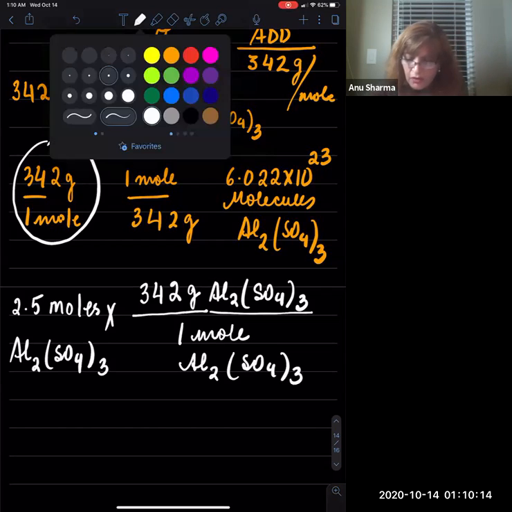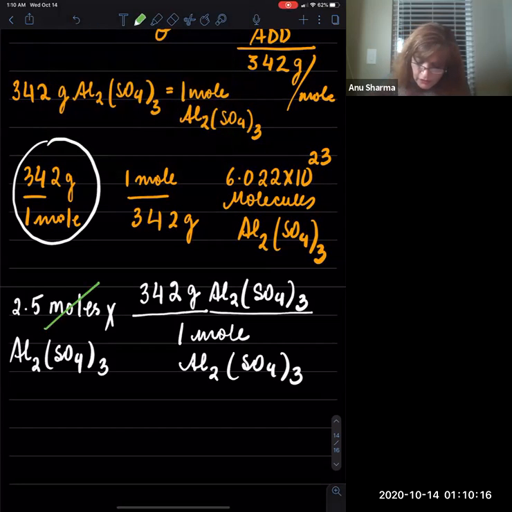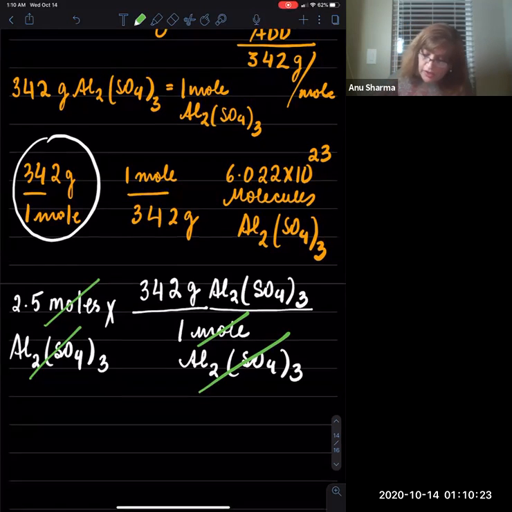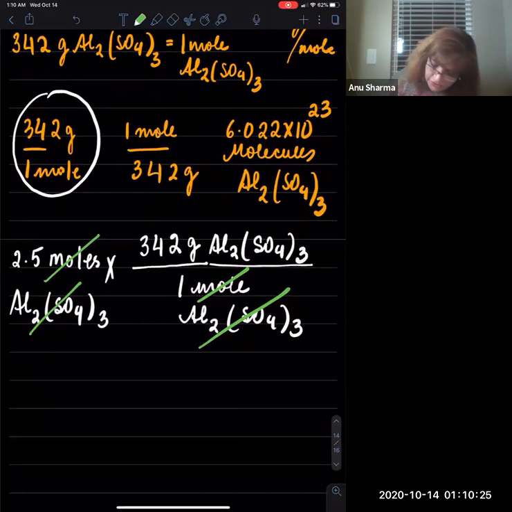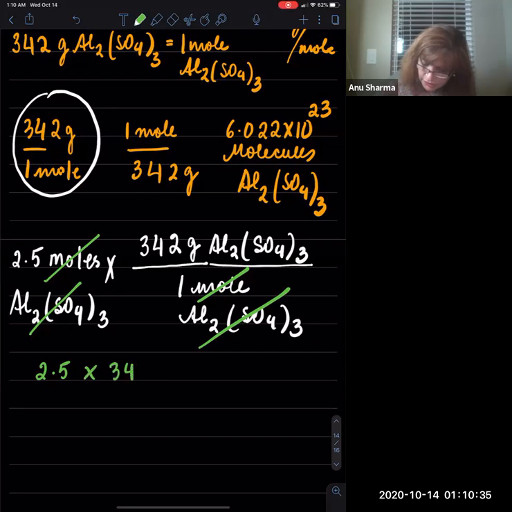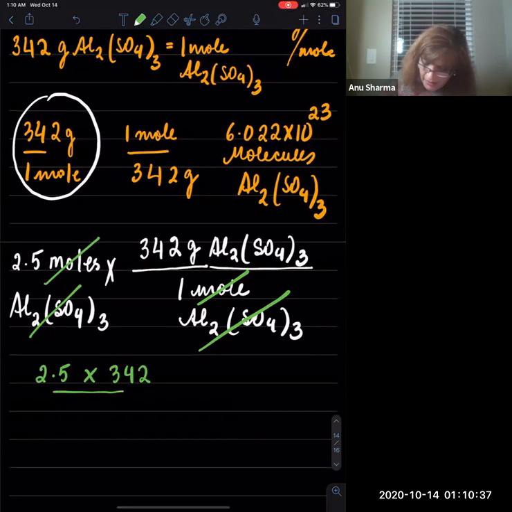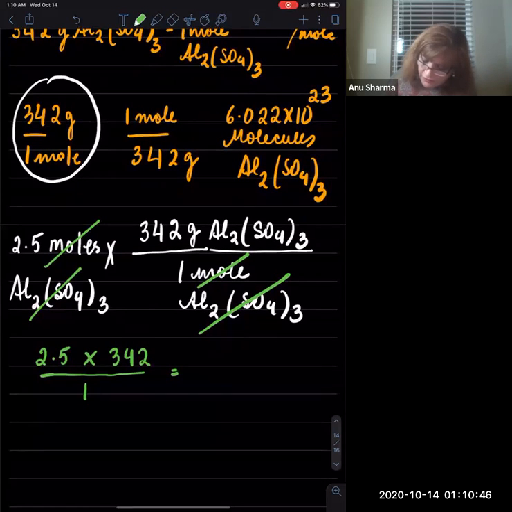Okay, so now the moles of aluminum sulfate cancel out, and only the grams is left. So next thing you're going to do is 2.5 times 342 divided by 1. And you are going to get the answer, 342 times 2.5, and that is 855.